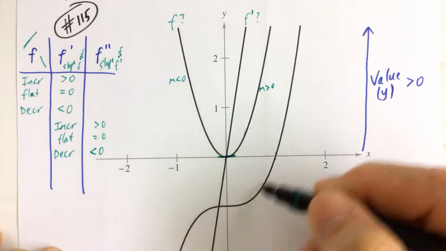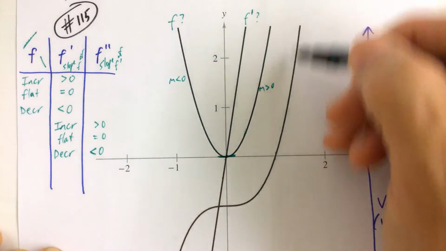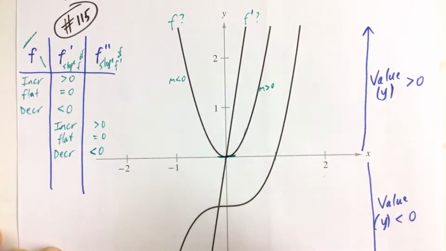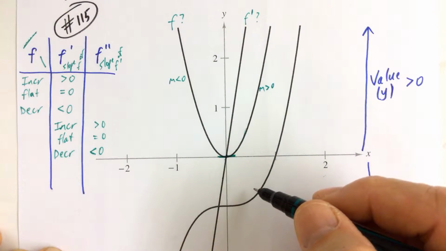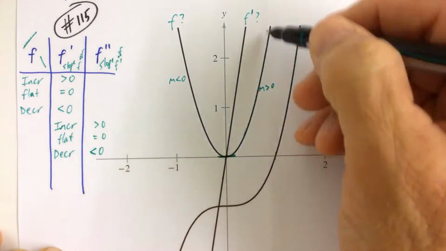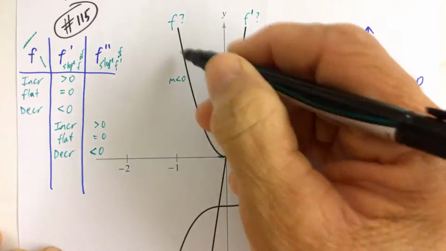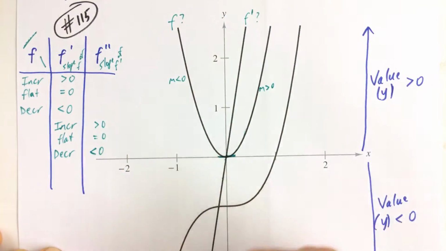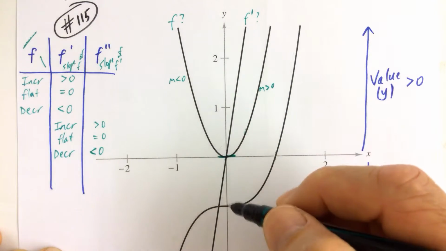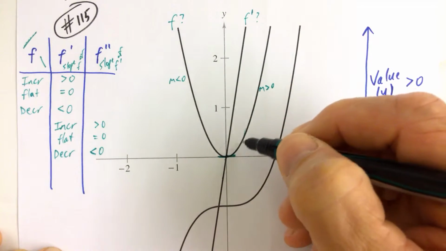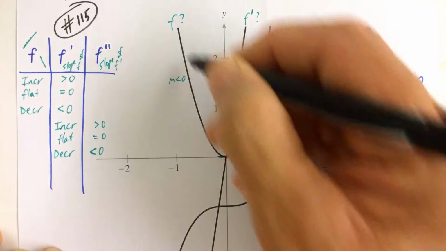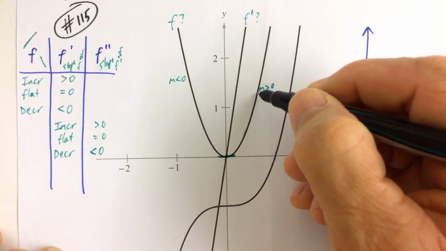It can't be this other graph here. This curve that looks like a third-degree polynomial, no way can it be f prime if the parabola is f. Why? Because to the right of 0, if this is f, then the slope here would have to be positive.